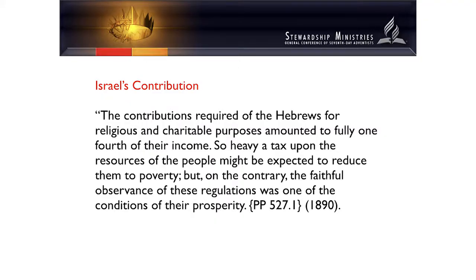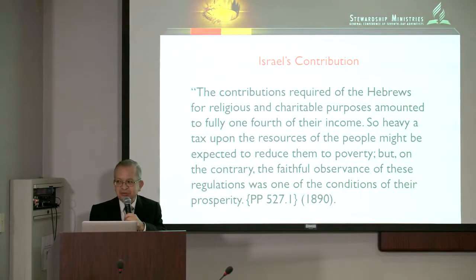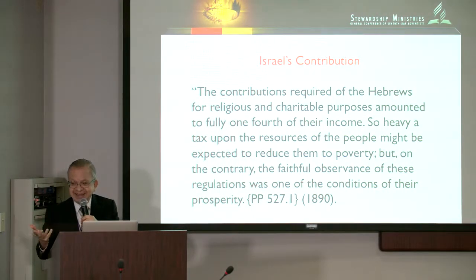"The contribution required of the Hebrews for religious and charitable purposes amounted to fully one-fourth of their income. So heavy a tax upon the resources of the people might be expected to reduce them to poverty. But on the contrary, the faithful observance of these regulations was one of the conditions of their prosperity." And in the next slide, we are going to know why.